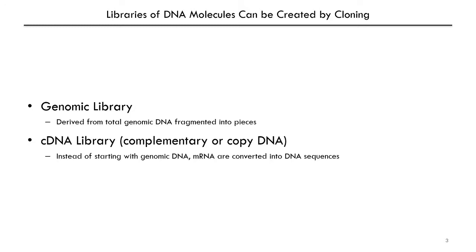Rather than including all of the genomic DNA, a cDNA library only contains genes that are being expressed, and furthermore, it only contains the sequence from those genes that end up in mature mRNA transcripts. The pattern of genes expressed could be specific to a certain cell type or a certain tissue of an organism in a given condition.